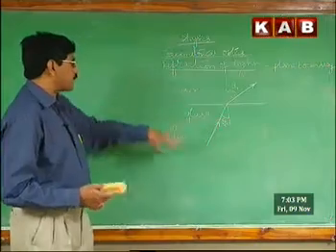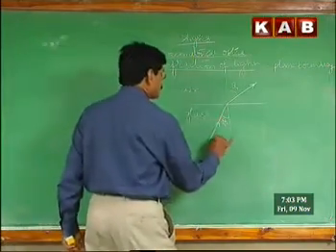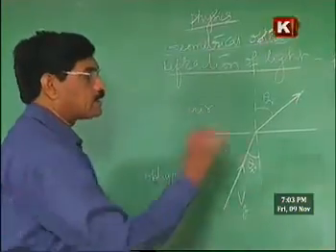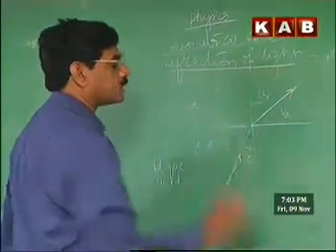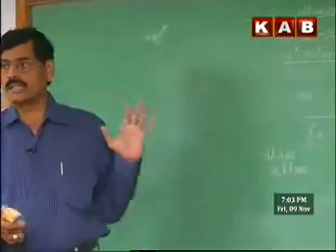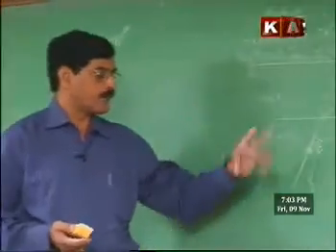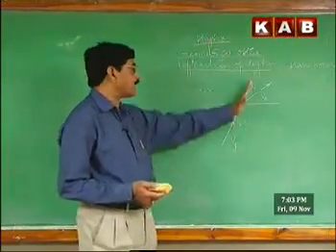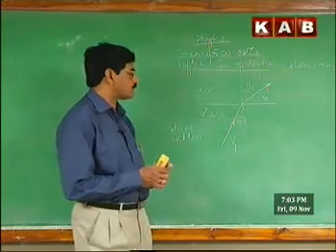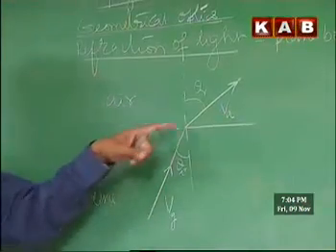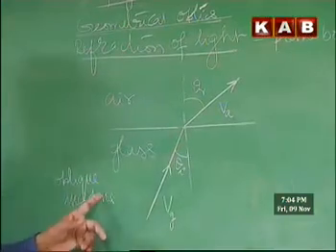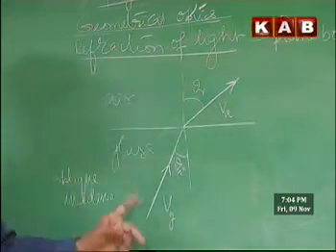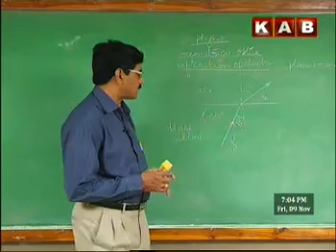In addition to that, the speed of the light ray also changes: here in the glass it is Vg, in air it is Va. There are two changes the light ray is undergoing. One is the magnitude of velocity is changing, and the direction of propagation also is changing. So in oblique incidence, there is a change in the magnitude of velocity as well as the direction of velocity.